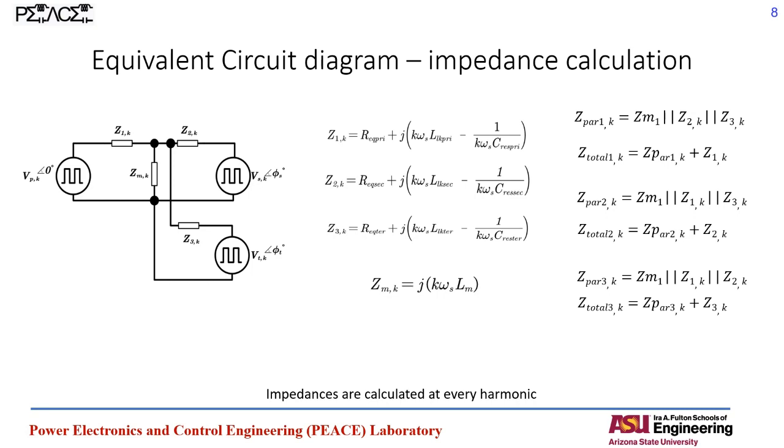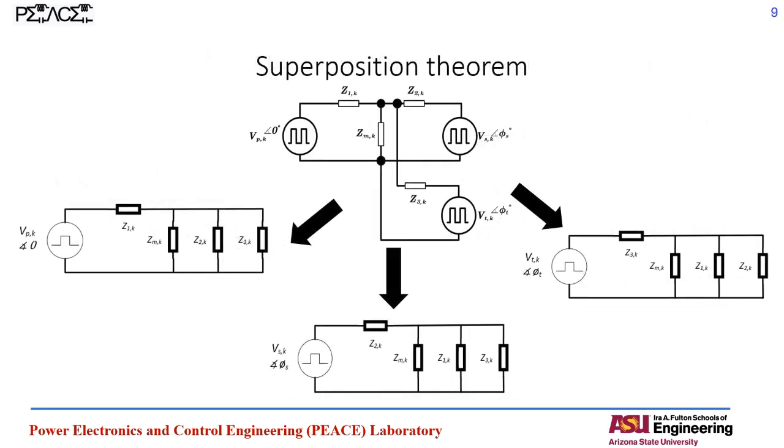In order to calculate the port currents generated inside the resonant tanks, we need to use the superposition theorem. In that case, we replace the other voltage sources by a short circuit, and then we calculate the node currents because of each voltage source.